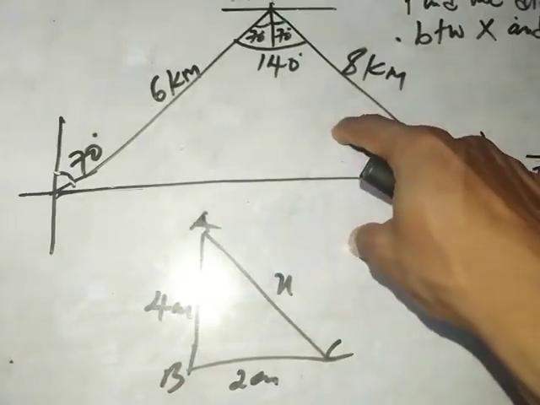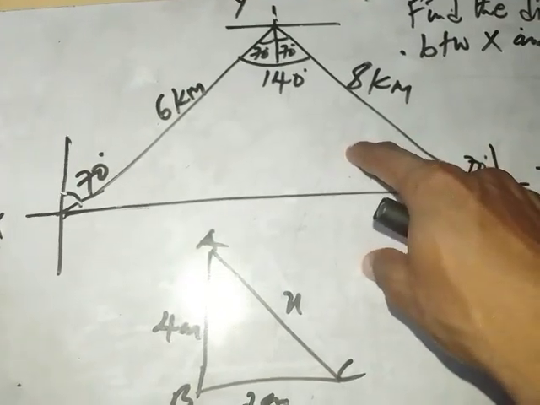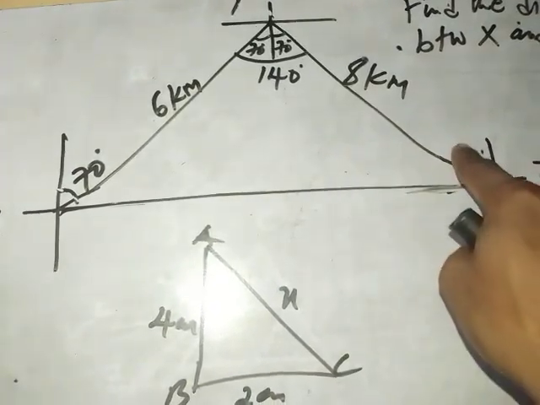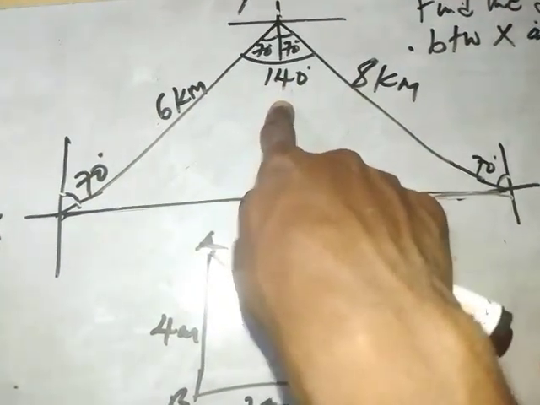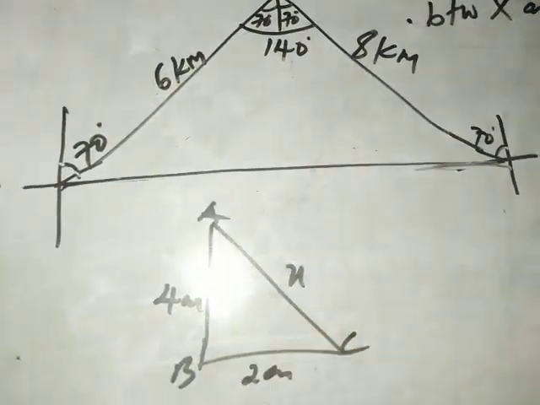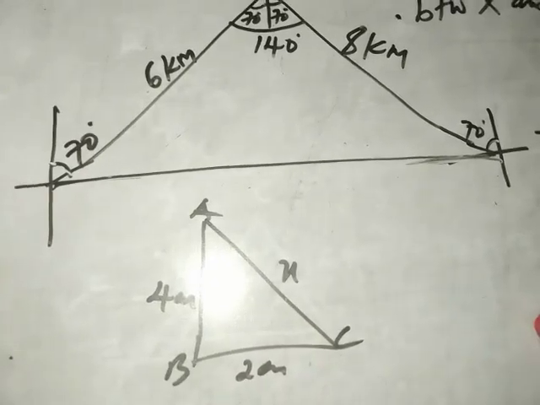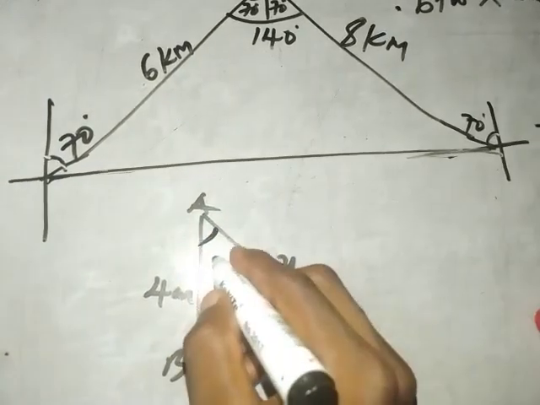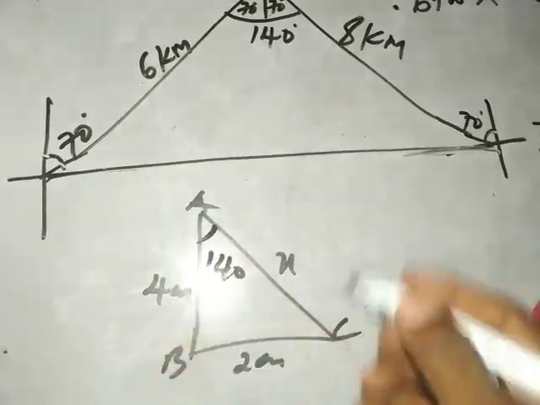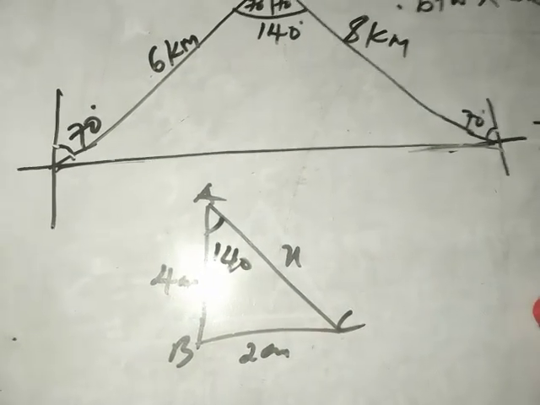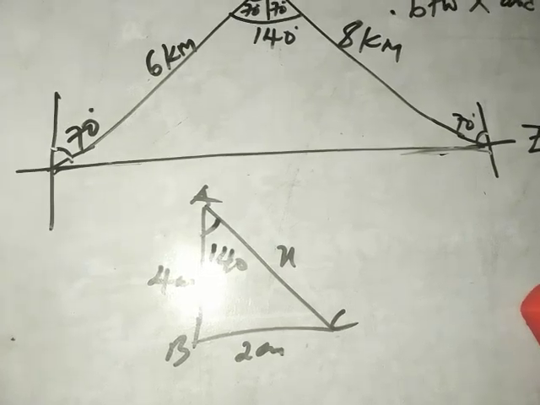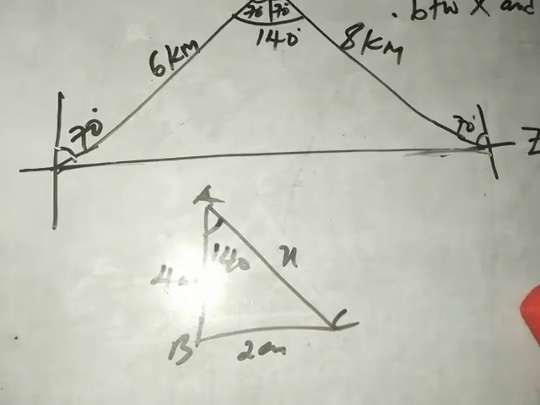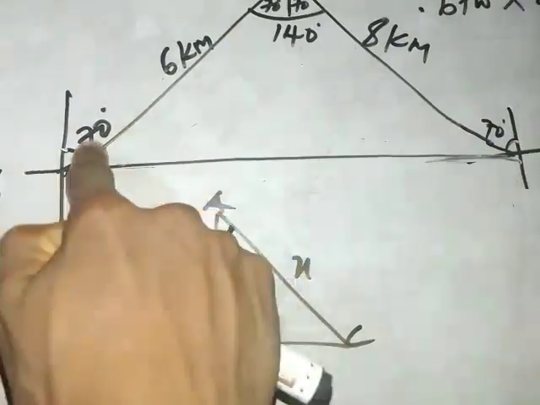So in terms of bearings, they choose to confuse you, and they will give you outside angle for you to find the inside angle. So in a triangle, they may go straight to give you an angle of, let me say, 140, and go straight to use your cosine rule. But in bearings, because they want to confuse you, they want to bring other things to the problem, and they will give you this alternate angle.